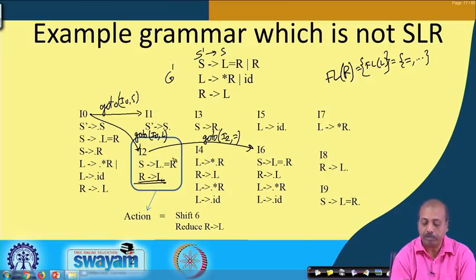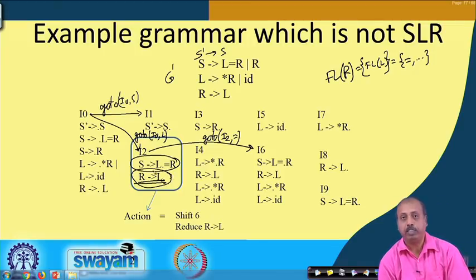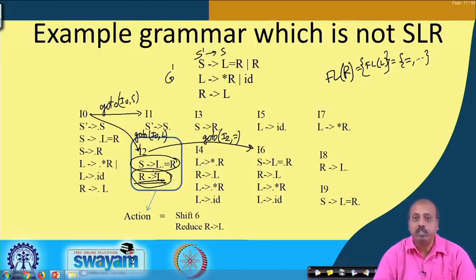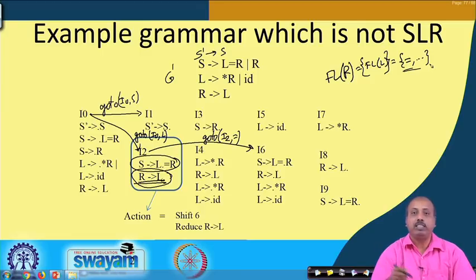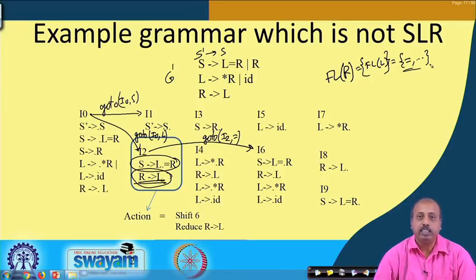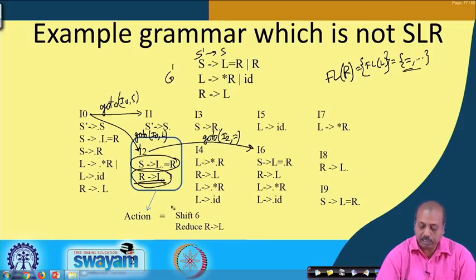Now, this other rule tells me that you should do a reduction for all the symbols in the follow set of R, and the follow set of R contains equality. So if you see an equality, you should do a reduction by R producing L. So this gives rise to a shift-reduce conflict on the symbol equality.